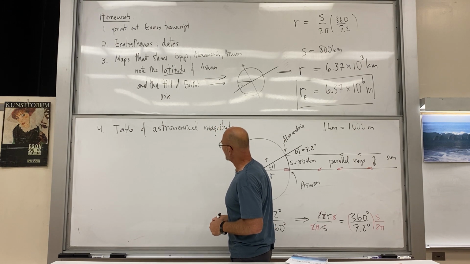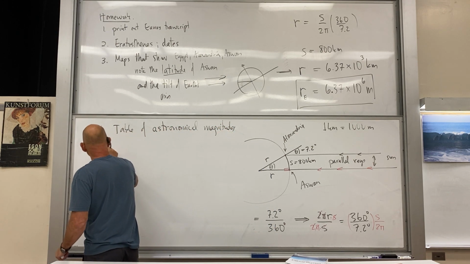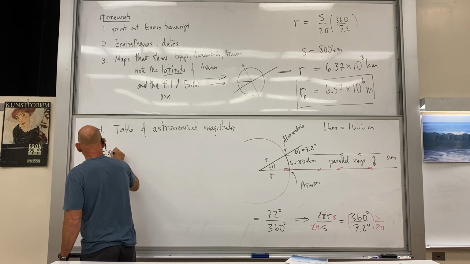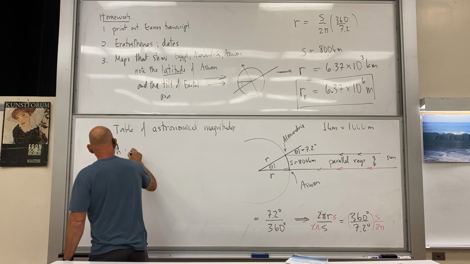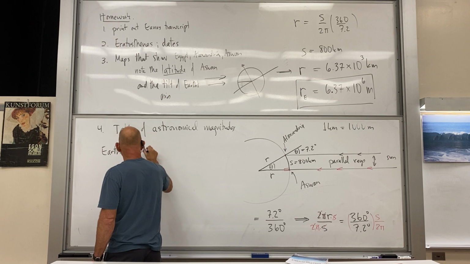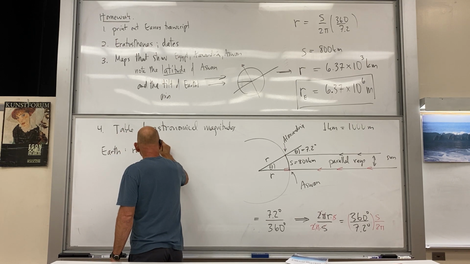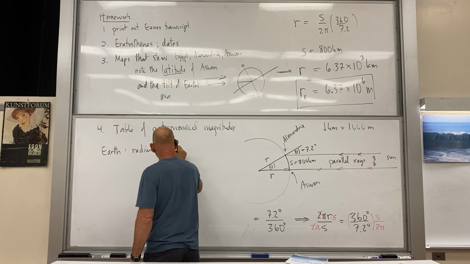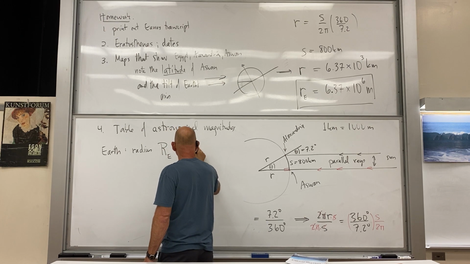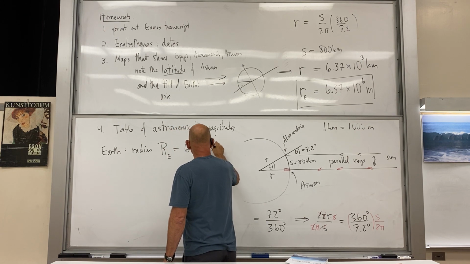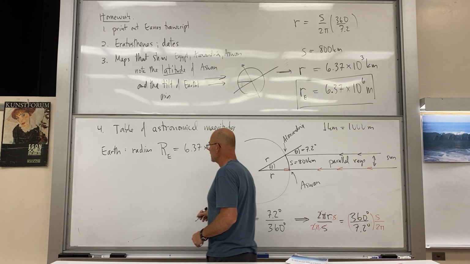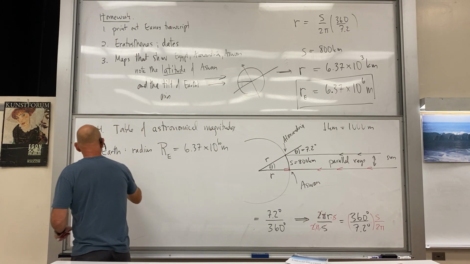So what we now have is Earth and the radius. I'm going to name it capital R sub E, and we know that's 6.37 times 10 to the 6 meters. So let's see what else we can have here.